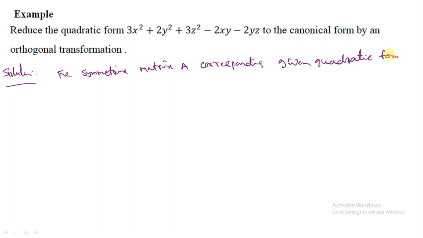Last class we discussed how to write the matrix corresponding to the quadratic form. The squaring terms are the diagonals. Here x1 is x, x2 is y, x3 is z.